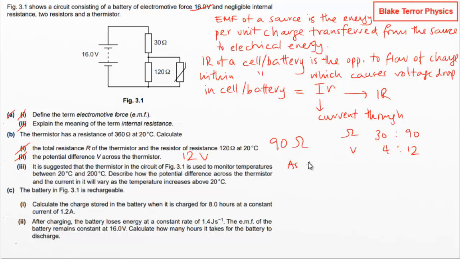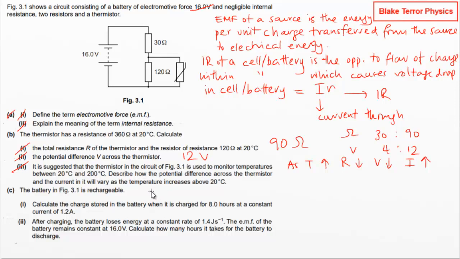So we can say as the temperature goes up, the resistance goes down, which means that our voltage goes down, which means also that our current will go up because the resistance has dropped. So we're just putting all of those into sentences.